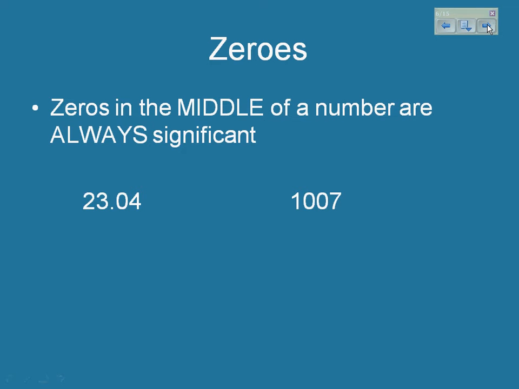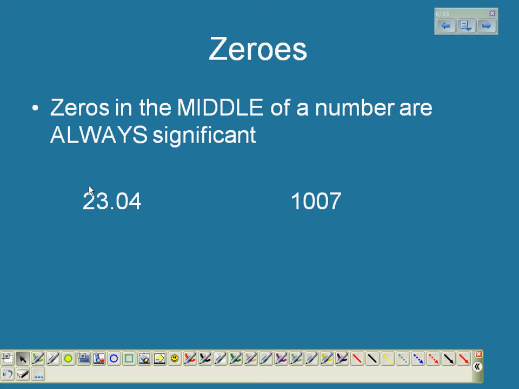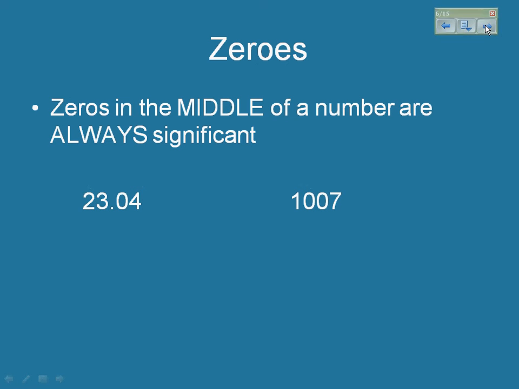You start counting significant digits from the front of the number. I'll just make little dots. 1, 2, 3, 4. If you look at 1007, start counting from the front of the number, first non-zero digit. Each of those have 4 Sig Figs.